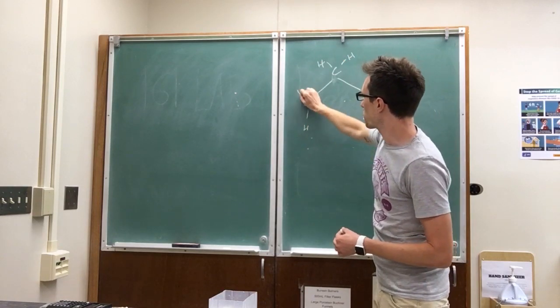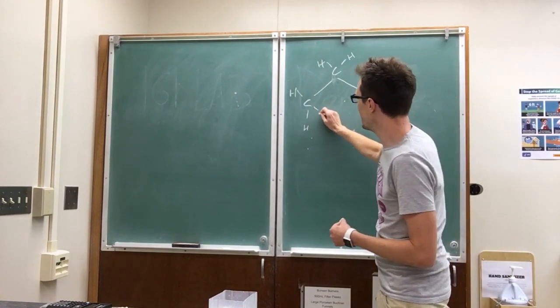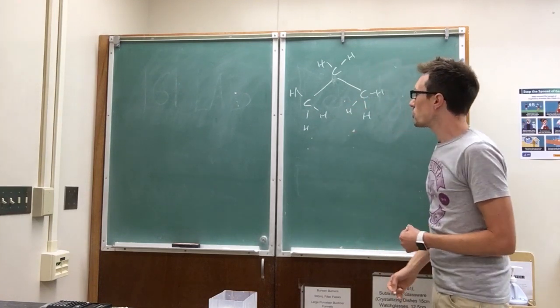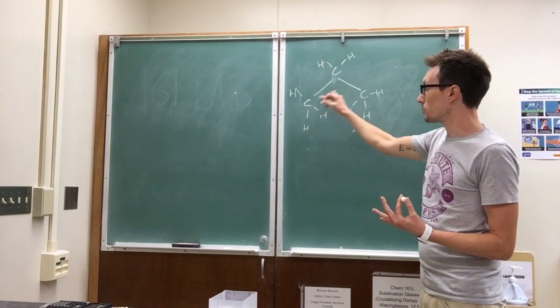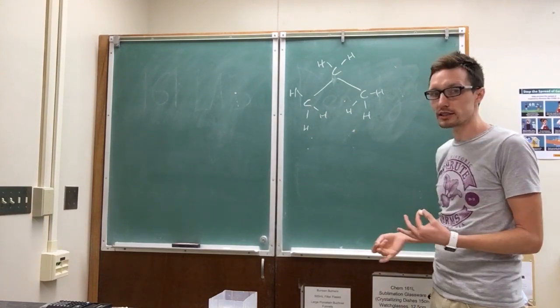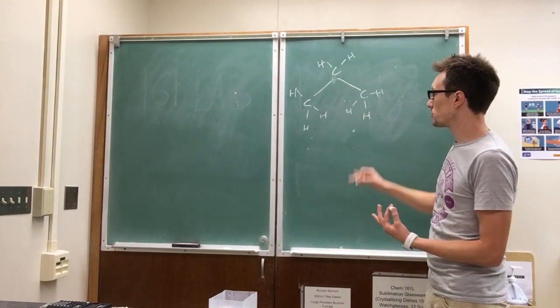This doesn't show the 3D nature of the molecule, but we're getting some hydrogens. So propane is a very simple hydrocarbon. It's going to be a carbon chain, and then we're going to saturate that chain with as many hydrogens as possible. So we have a CH3, a CH2, a CH3.